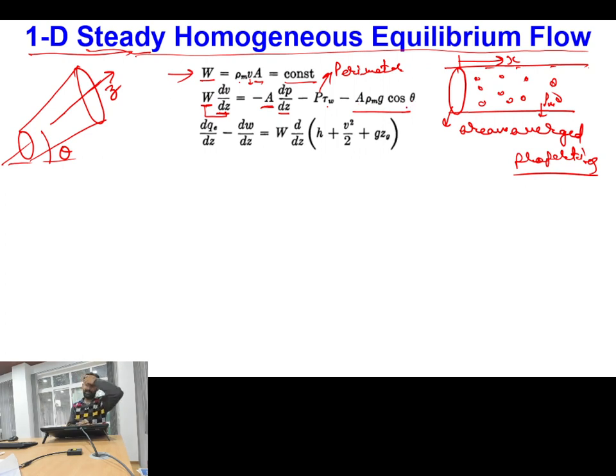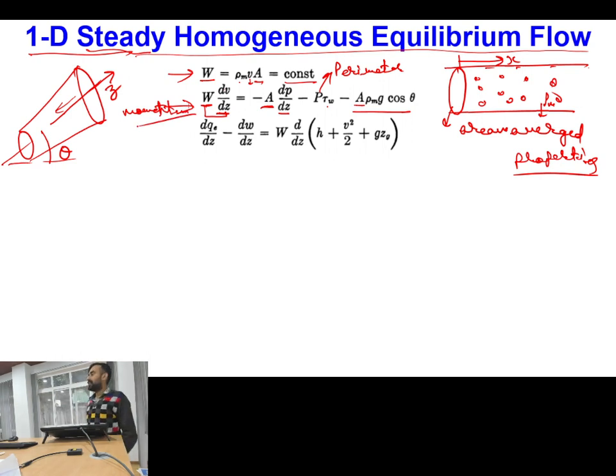Now because I have to consider the component of the gravity along this direction, the component of gravity will be coming as cos theta, and then A, the area, because I am doing an area averaged equation, so that's why I have multiplied area over here. Okay. Then what I need to do next? This is my momentum equation.